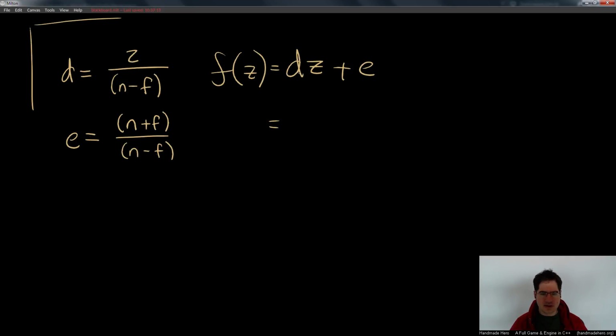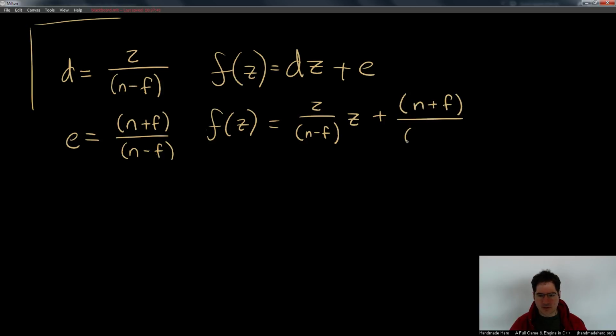So here's my f(z) = dz plus e, and here are those terms. So that means that f of z should equal 2 over n minus f times z, plus n plus f over n minus f. That's what I should be computing. I can simplify that because in this case, these two denominators are the same.